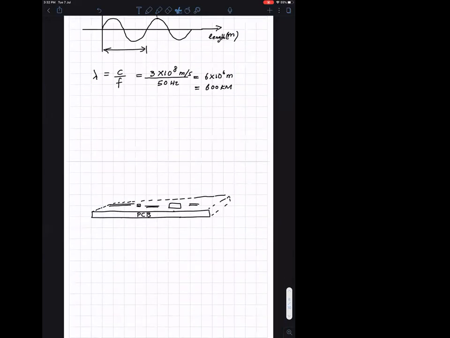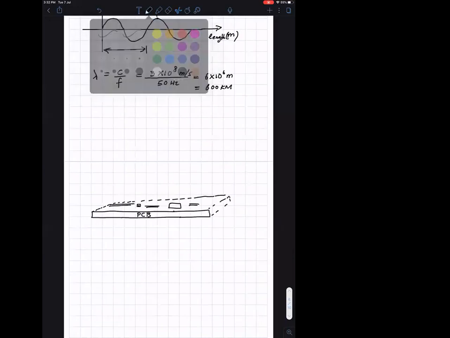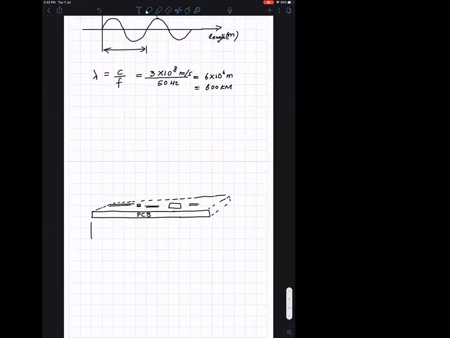So, 600 kilometers wavelength. For example, if I draw this wavelength, let's say this is a circuit. If I take the ruler and measure this circuit from here to here, how many centimeters is this? 1, 2, 3, 4, 5, 6, 7, 8, 9, 10, around 10 to 11 cm, okay?